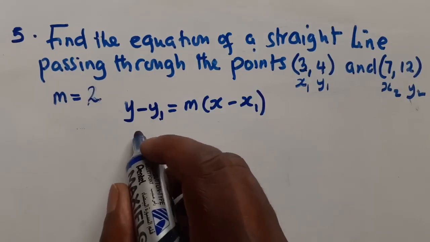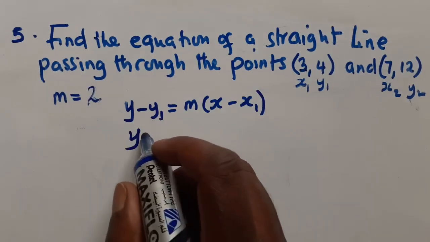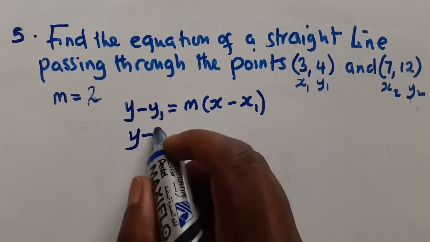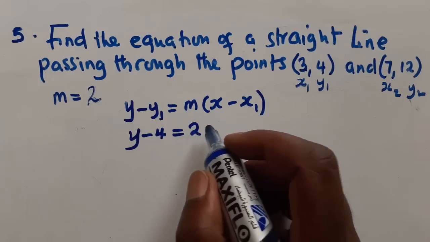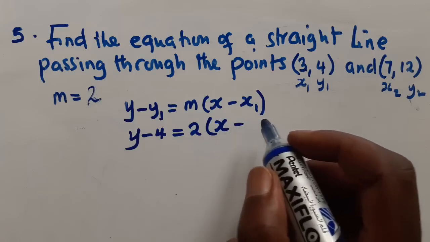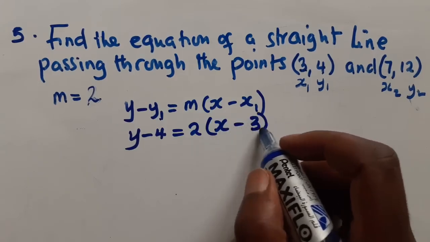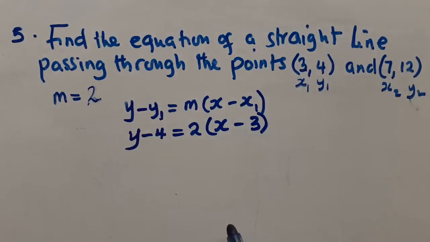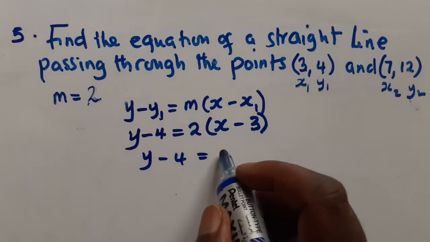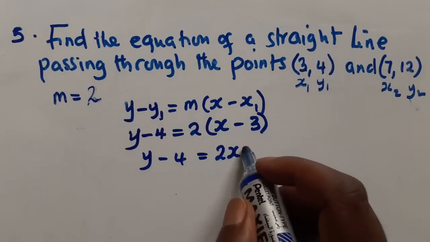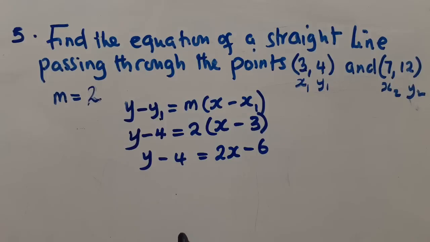So we go on and replace: y minus y1, which is 4, is equal to 2(x minus 3). And you go on and get rid of the brackets: 2x minus 6.